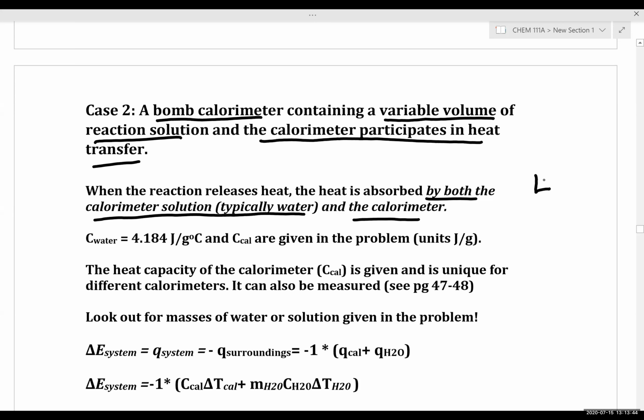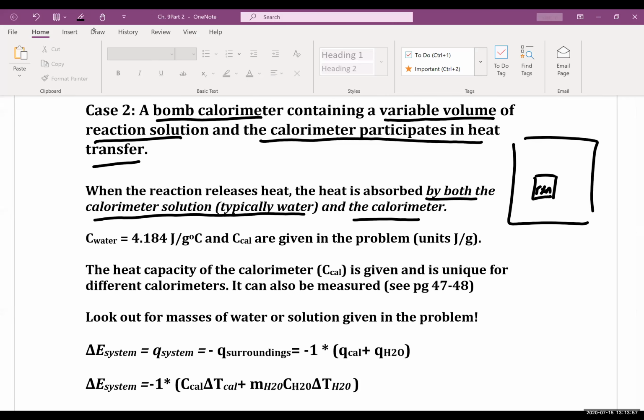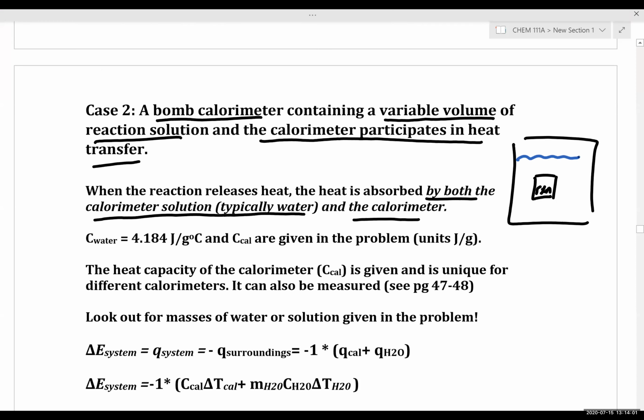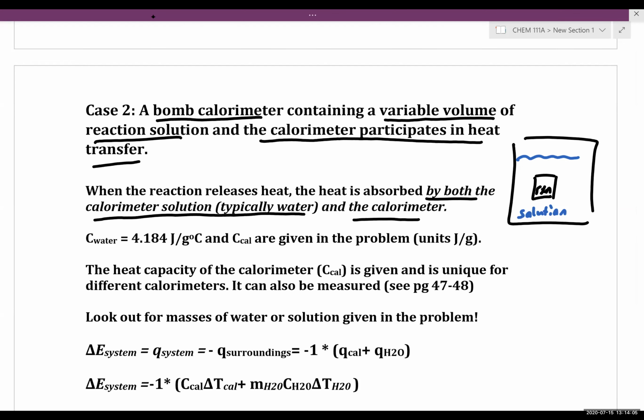So again, if we have our reaction, it is going to be releasing heat and exchanging heat with both our solution and the calorimeter itself.